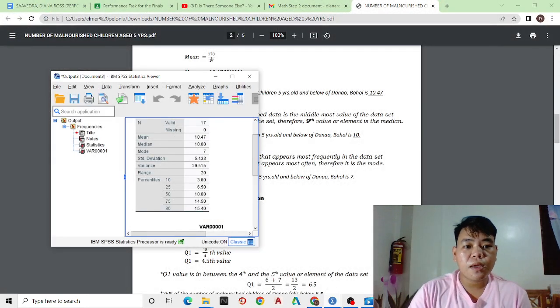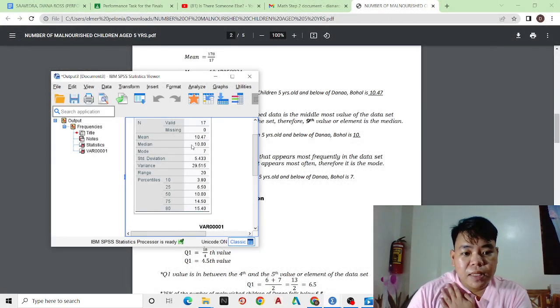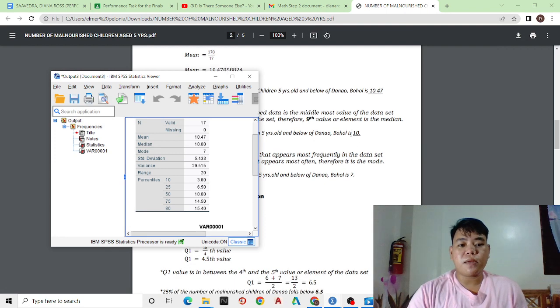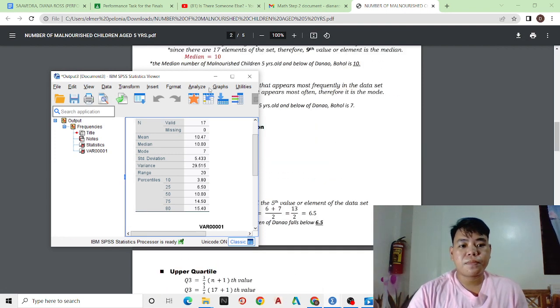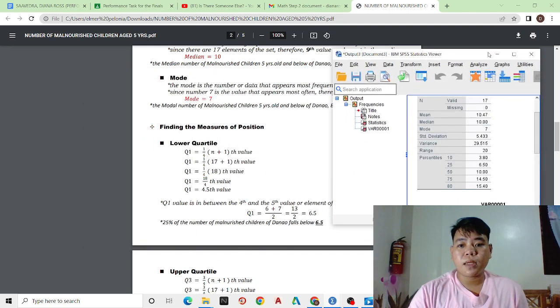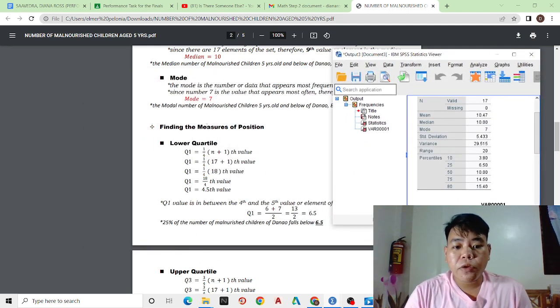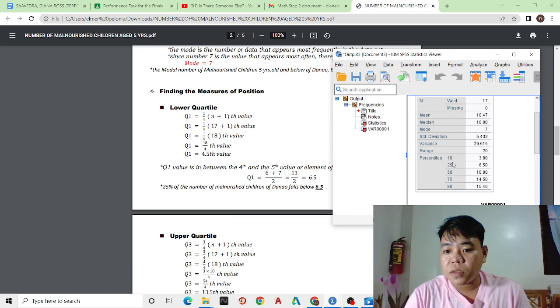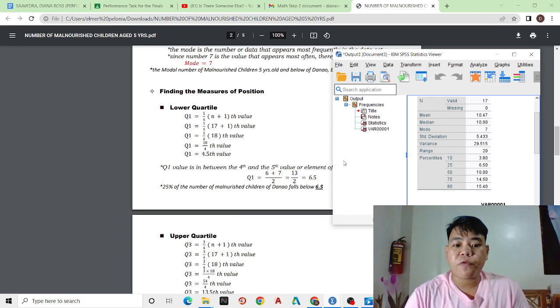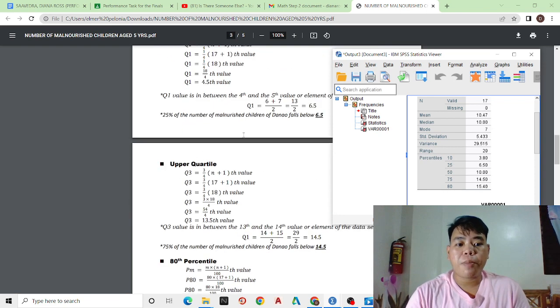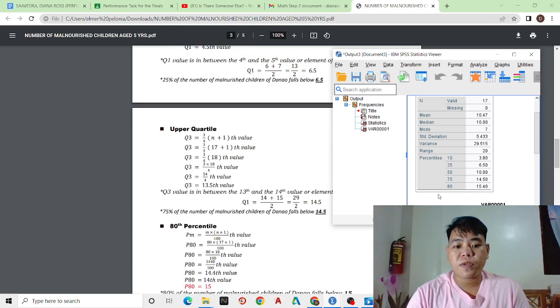Then we have 10 and 7, which is correct. And then the lower quartile, which is 25% or 6.5 here, correct. Upper quartile or the 75th percent, which is correct, 14.5.